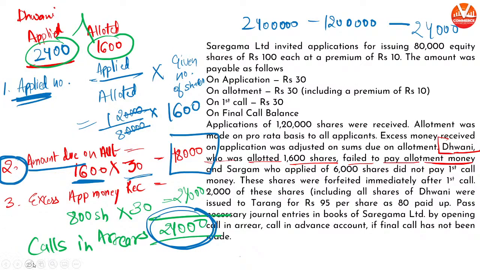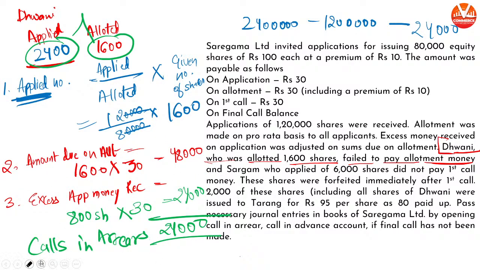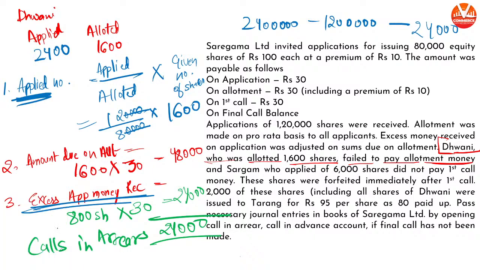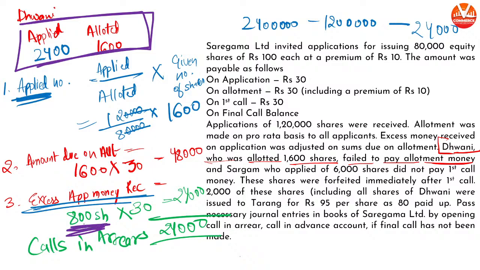Now after finding out the second step, you will find out the third step, that is excess application money received. For that, you will find out the difference between applied and allotted number of shares. So 2400 and 1600, the difference is 800.